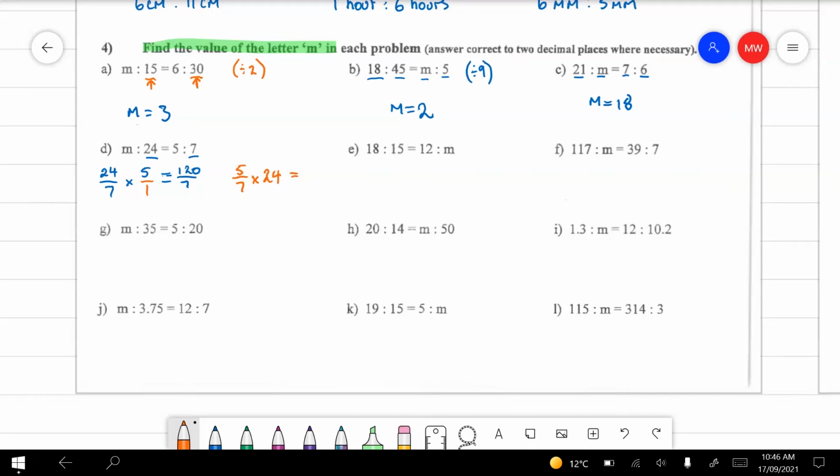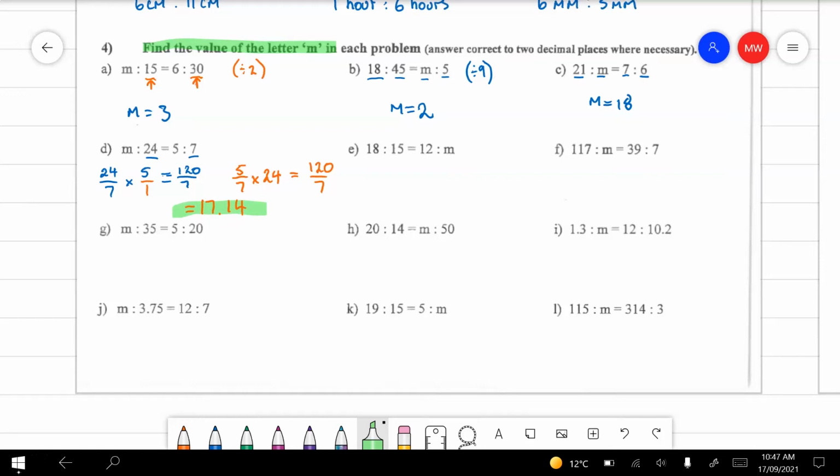Okay, so you'd end up with 120 over 7. And if you do this either way with a calculator, you'll end up with an answer of 17.14, rounded to 2 decimal places. So pretty tricky little question, that one, but it's really digging down at asking you what the relationship is between those two things. Might be a little bit easier for me to describe this in the next one.